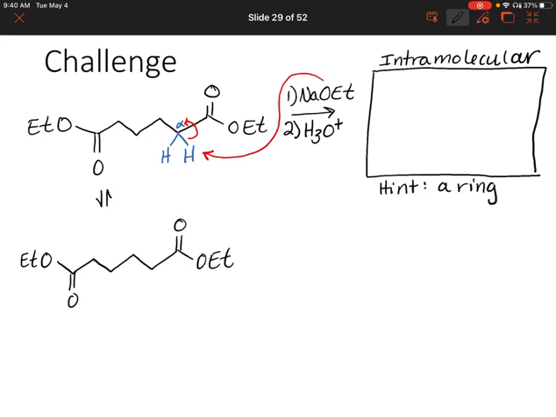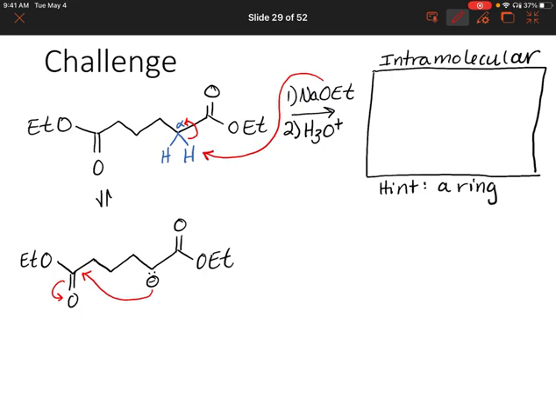All right, so we formed our enolate on the right-hand side, and we have our other ester on the left-hand side. So now that enolate can attack the ester, and we'll move electrons up to oxygen. And again, we're attacking the carbonyl carbon there.